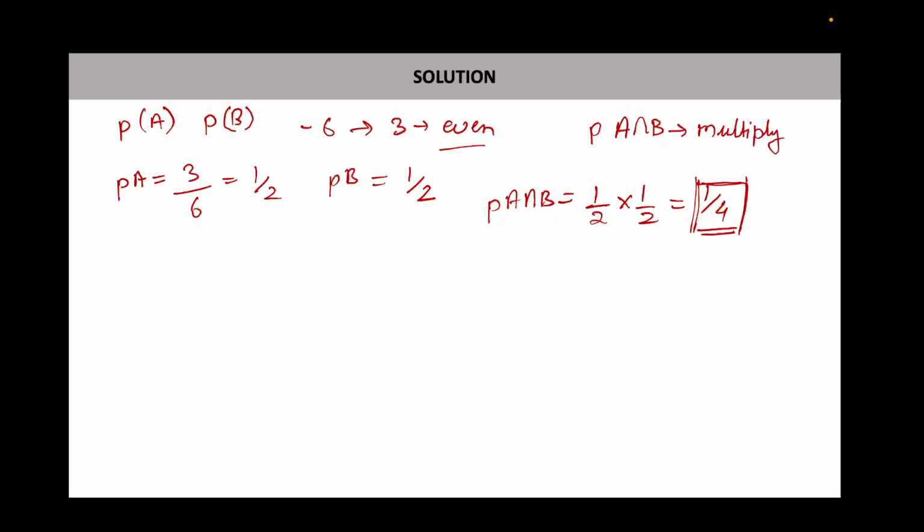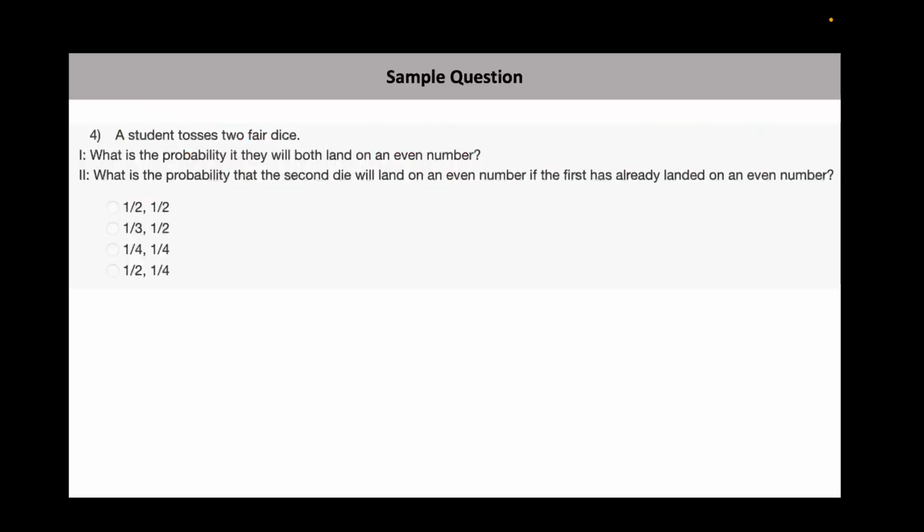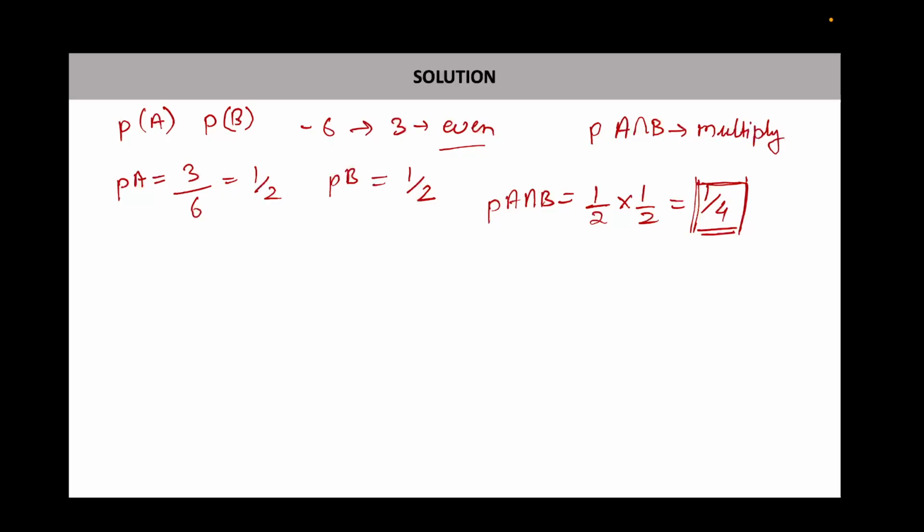Now there was another question: what is the probability of the second die landing on an even number if the first die has already landed on an even number? Again, for this kind of question, you will use the concept of the probability of A and B over something.